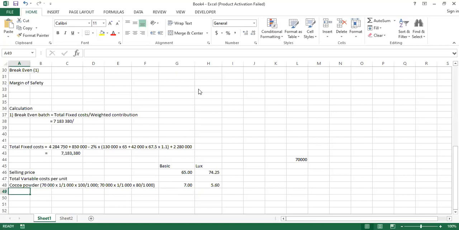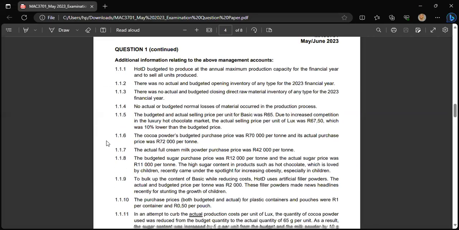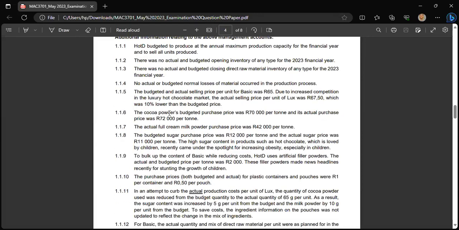All right, we are still on the variable costs. Let's search again and see what we have there. So we've done the cocoa powder. Let's see, the actual full cream milk powder purchase price was that amount, 42,000 there. Let's just say for full cream milk, I'm just going to put that down there as full cream milk.